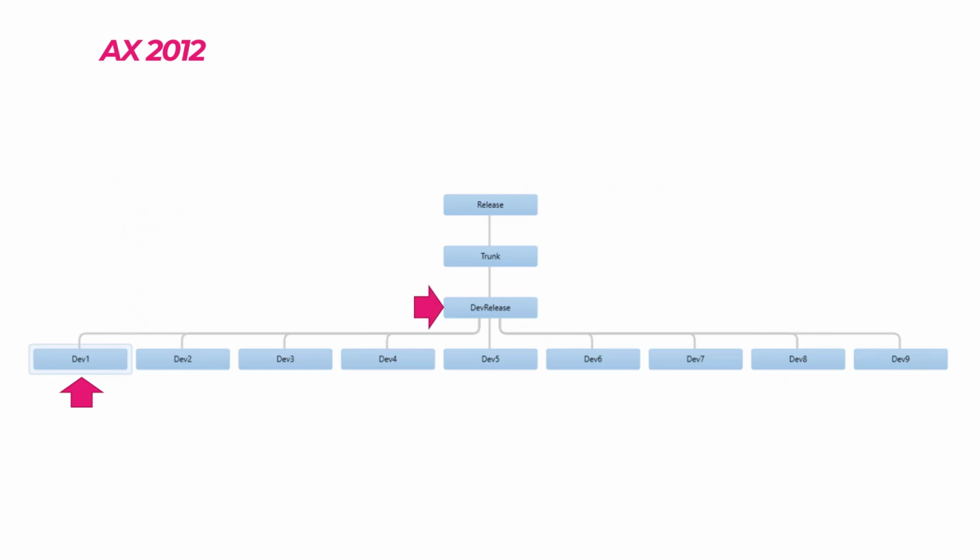So I merge it up to dev release. That gets in front of, let's say, a functional consultant connected to some kind of test environment. They approve it. Then that gets merged, built, and released to a trunk branch, which would be similar to a UAT environment. End user says, hey, looks good, and then it finally gets merged, built against the release branch, and that would go into, let's say, your production environment.